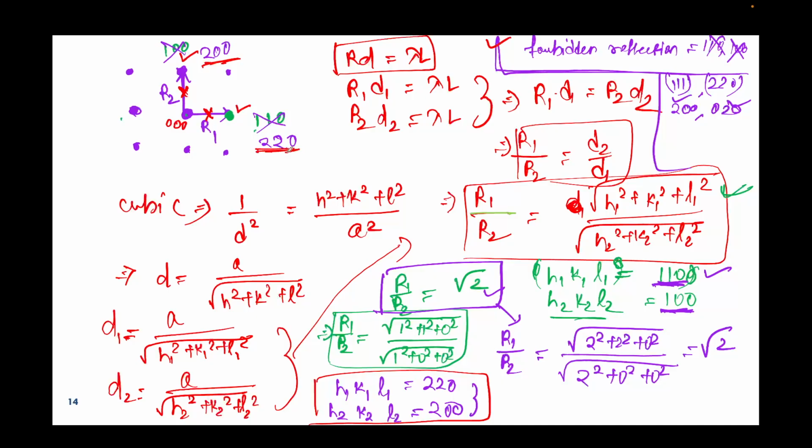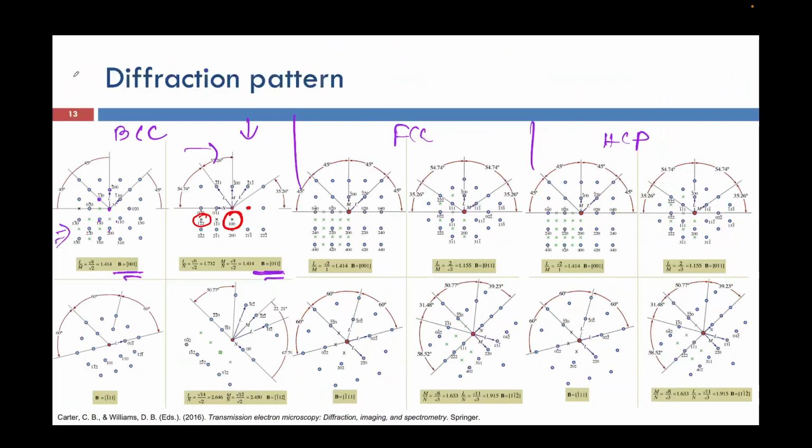That means the zone axis is given by U, V, W. So you have to calculate the zone axis, and how can you calculate it? Okay, I'll write it somewhere here. I am writing the zone axis. You can calculate it as A, B, C, H1, K1, L1, H2, K2, L2.